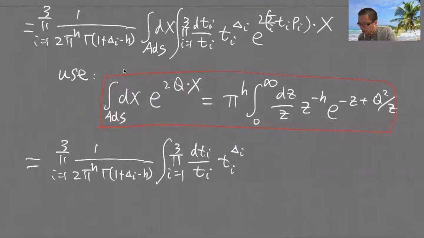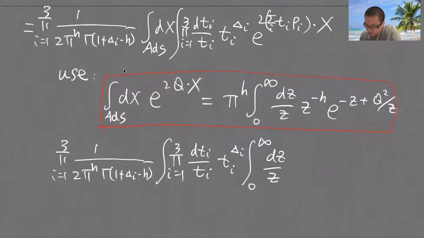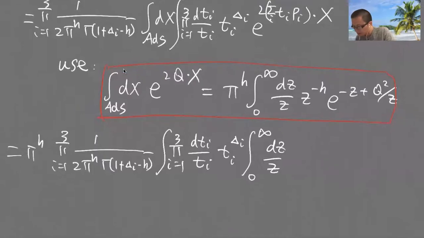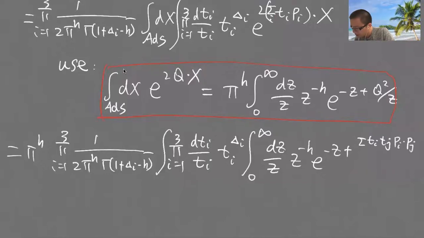After the integral, I got the z integral to do, from 0 to infinity dz over z, with a π^h that I take out, z^{-h} e^{-z + Q²/z}. Here Q is this object, and its square is simply the sum over t_i t_j P_i · P_j twice, over z.